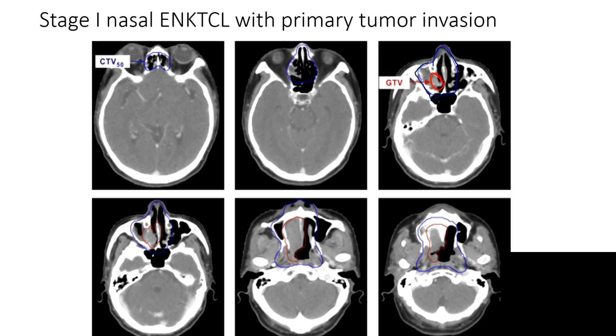For this patient, we can also see that the tumor at the lowest medial slice is extending and invading into the nasopharynx. So, based on what was recommended, the entire nasopharynx is also included in this case.